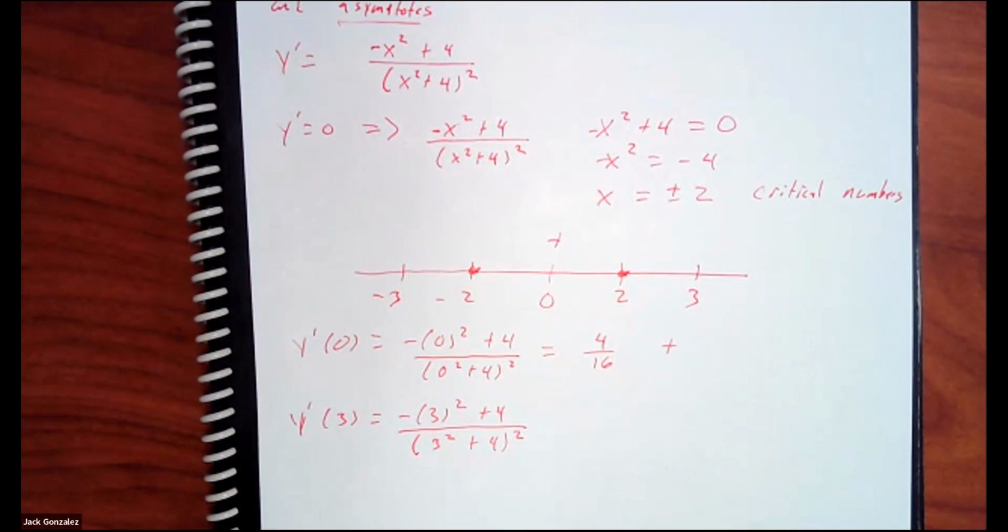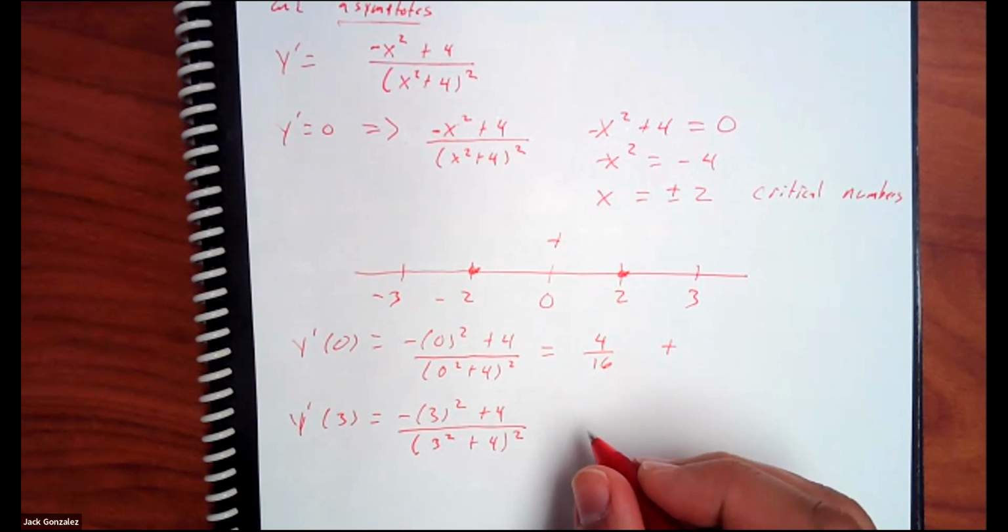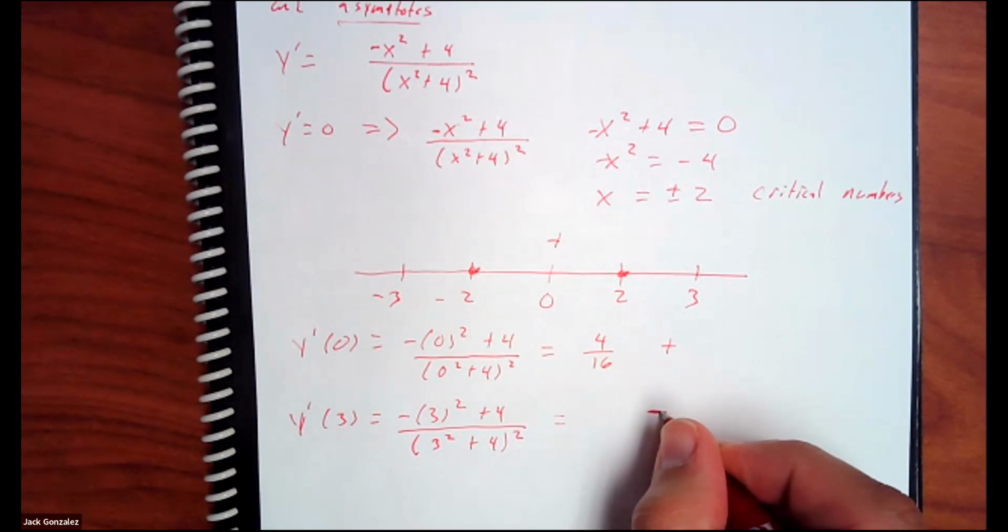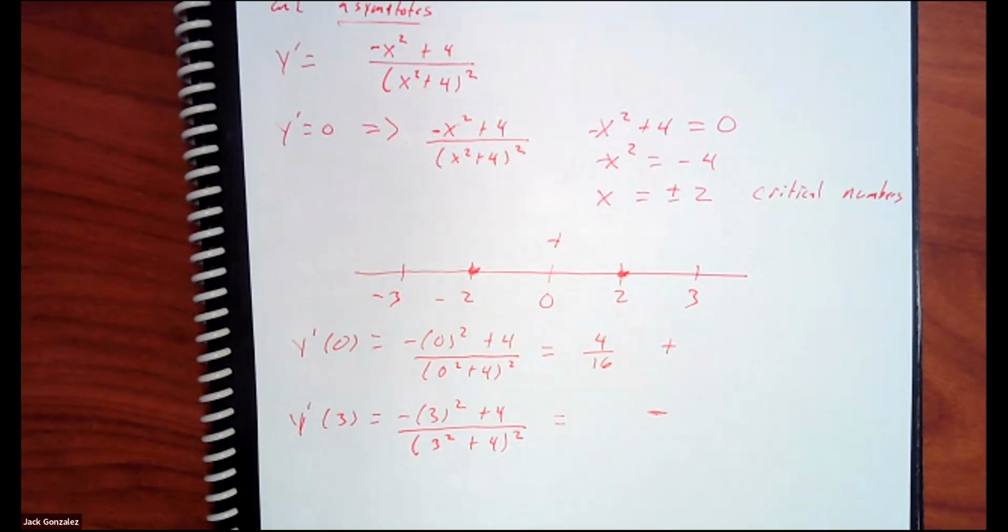Is that negative or positive? Negative 3 squared is 9. Negative 9 plus 4. This is going to be some number I don't care about, but it's going to be negative. Do you see that? Do you see that the denominator doesn't matter? Because no matter what I plug in, eventually I square the whole thing.